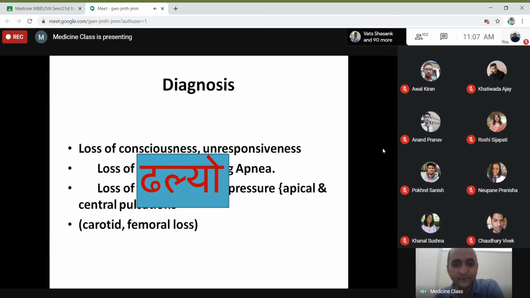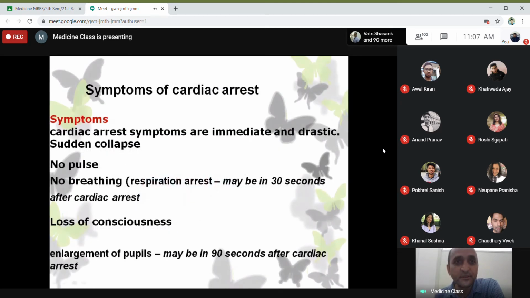First of all, you see the patient. The symptoms of cardiac arrest are immediate and drastic: sudden collapse, no pulse, no breathing. Respiratory arrest may occur within 30 seconds after cardiac arrest, with loss of consciousness, and there is pupillary dilatation, enlargement of the pupils, which may occur within 90 seconds after cardiac arrest.